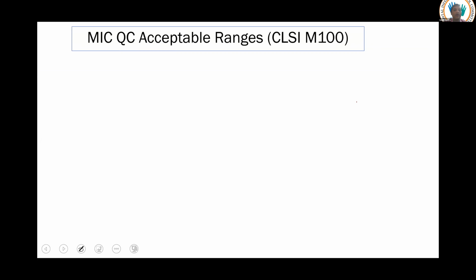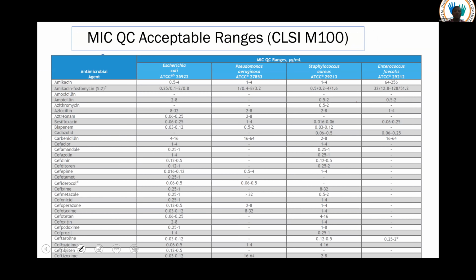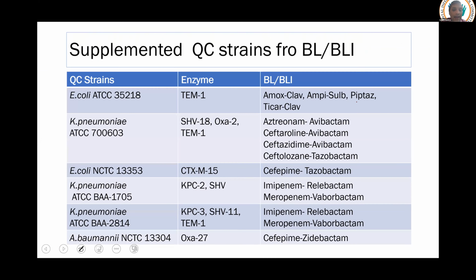So this is again the table for the MIC QC range from M100. The previous one is the diffusion, this one is MIC. And then I told you that when you're testing for BL, BLI agents, there are a number of BL, BLI QC strains. These QC strains contain the beta lactamase enzyme.